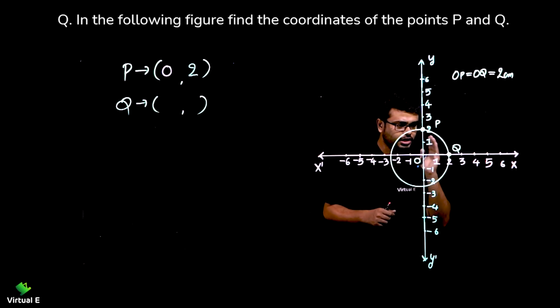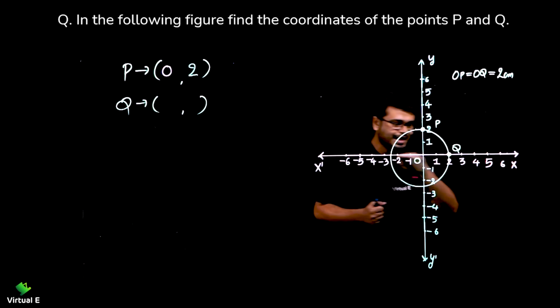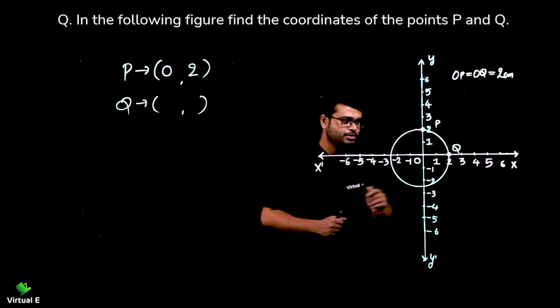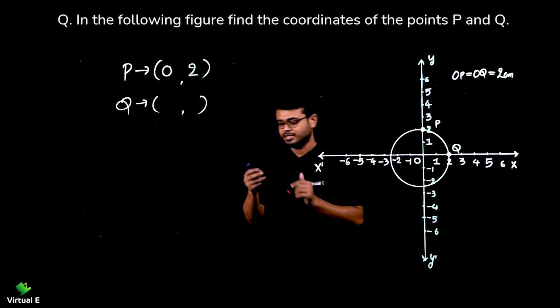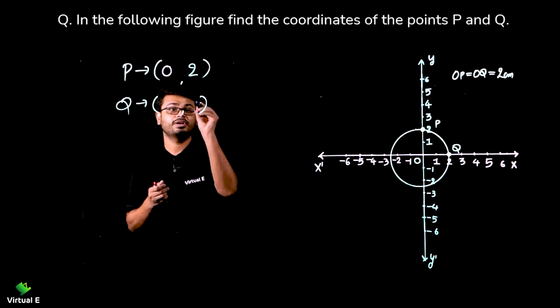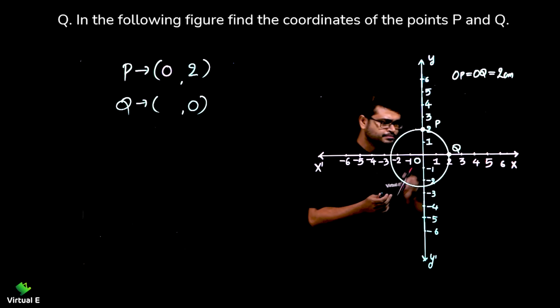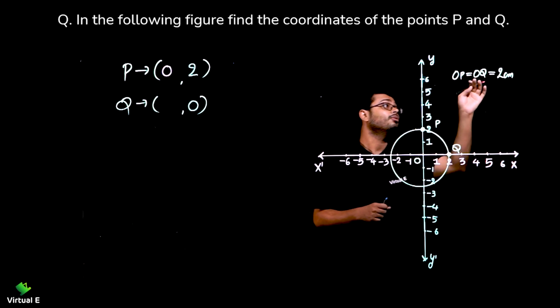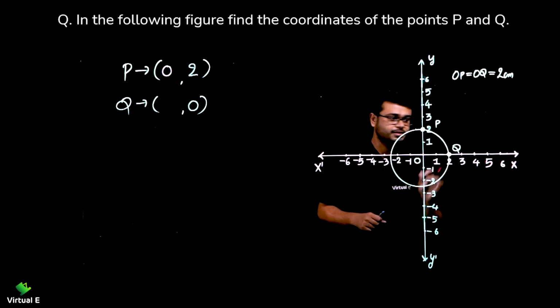Okay, for Q. Now point Q lies on the x-axis. So if the point is on the x-axis, the y coordinate will be 0, right? So first of all, let's write that the y coordinate is 0. And for the x coordinate, here it's given that OQ is equal to 2 centimeter. So this distance is also 2 centimeter, right?